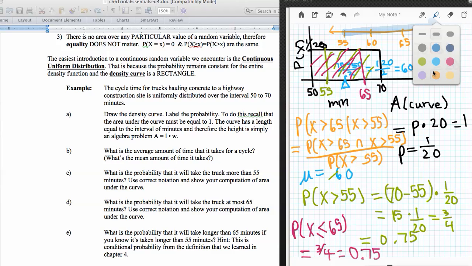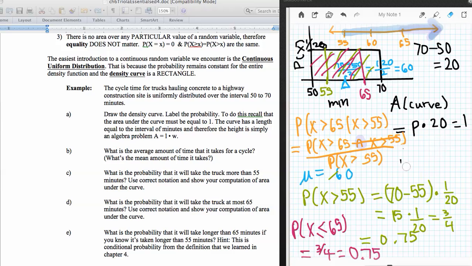And then if I change the color and I say, okay, now I'm going to do purple, and this one is 65 here, and I want to know where these two overlap, because that's what the and means, right? Where they overlap. Well, they overlap in this area right here from 65. So really what this ends up being is just x is greater than 65. So we have the probability that x is greater than 65, and you're going to have to ignore the black in between here. So let me erase this so you can see my probabilities here.